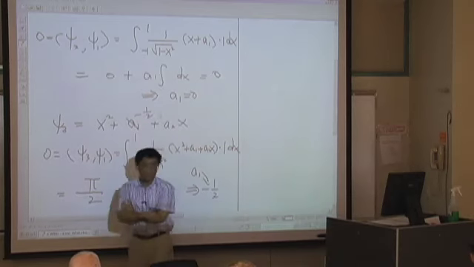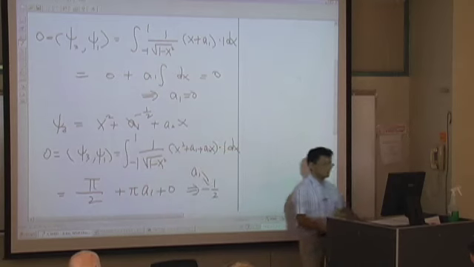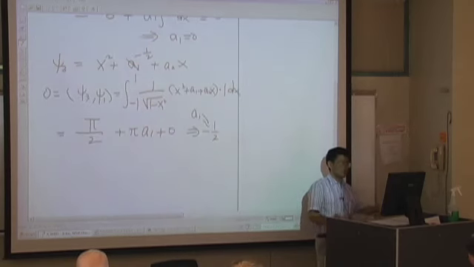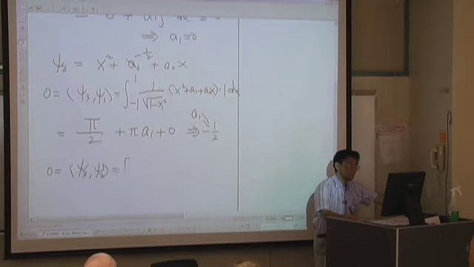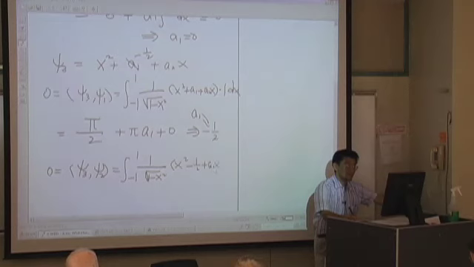Let's calculate a2 by doing the next integral. The next integral is integrating from -1 to 1, 1 over the square root of 1 minus x squared, and then x squared minus 1/2 plus a2x, and then multiply by x dx.